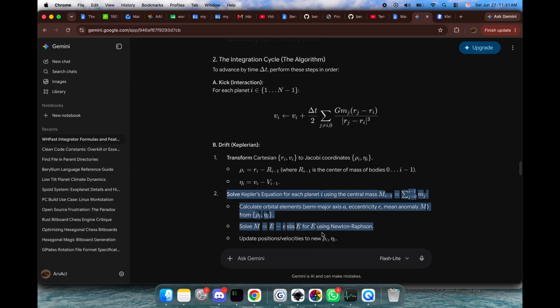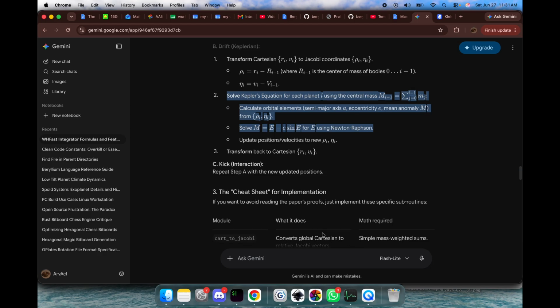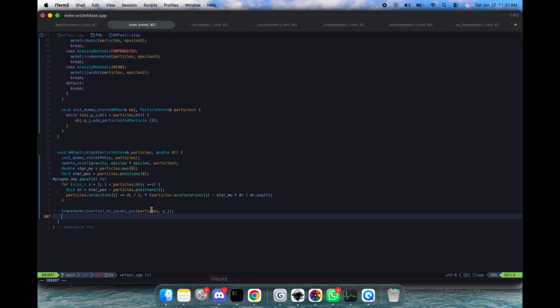Now we have to solve Kepler's equation. I mean, we do repeat. This bit itself is repeated. And I don't think the star has moved either way.